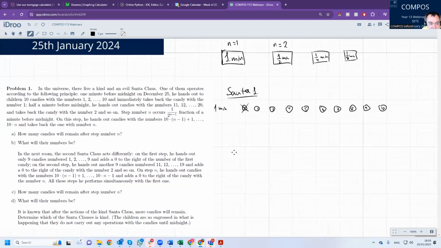So he takes a candy from children. Half a minute before midnight, he gives out candy number 11, 12, etc., up to 20, and he takes away candy number 2. A quarter of a minute before midnight, he gives out candy 21, 22, etc., up to 30, and he takes away candy number 3.